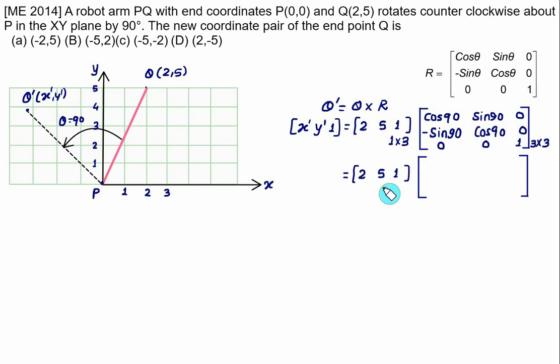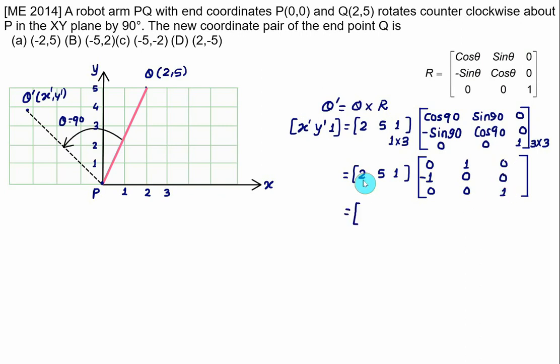So we have [2, 5, 1] times: cos of 90 is 0, sin of 90 is 1, so we have 0, 1, 0; minus 1, 0, 0; 0, 0, 1.